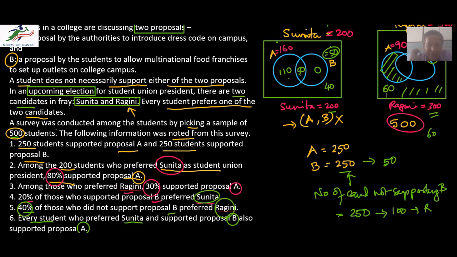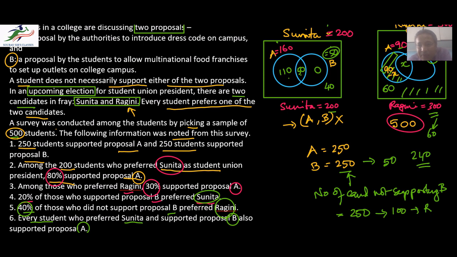So which means that we have a total of 300 minus 60, that means 240 people supports one of the proposals A or B and supports Ragini. So let us assume that the number of people who supports both the proposals and supports Ragini is X. Therefore, this part, which is only A and Ragini, would be 90 minus X, and we know that the total is 240.